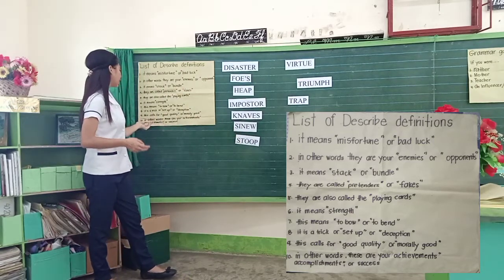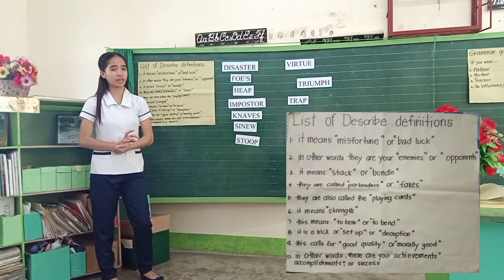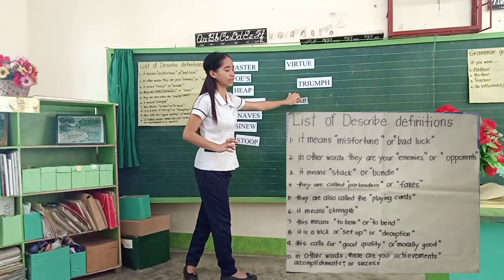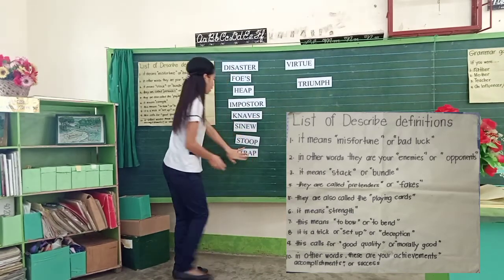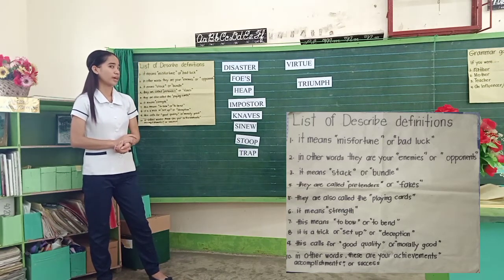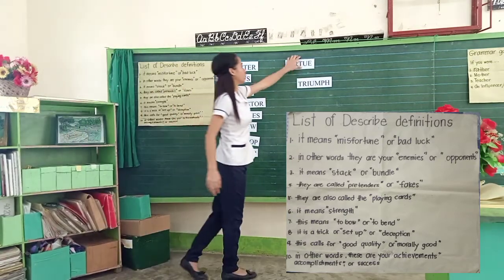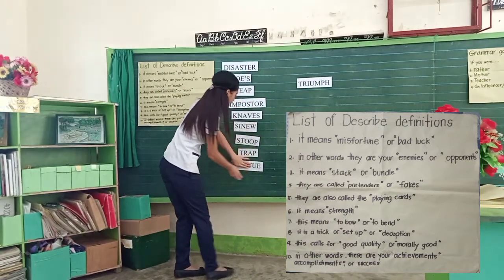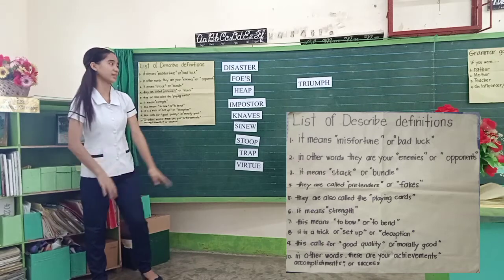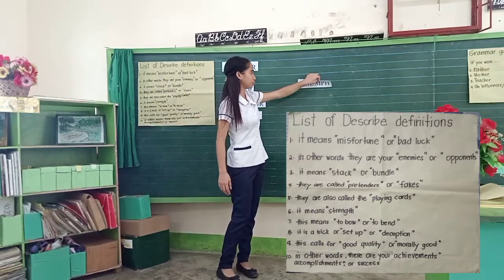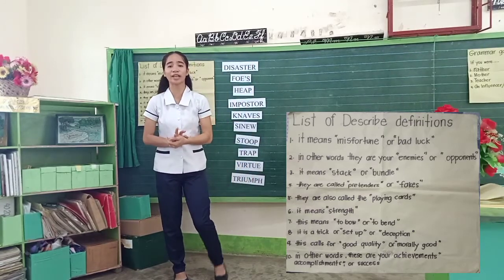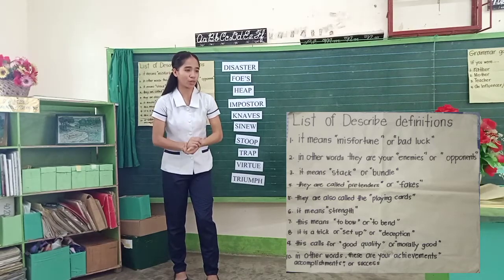And for number 8, it is a trick or set up or deception. Yes, group 3. Yes, it is a trap. And for number 9, this calls for good quality or morally good? It's virtue. You're right, group 4. And for the last, in other words, these are your achievements or accomplishments or success. It is triumph. So, good job, group 1, group 2, group 3, and group 4.